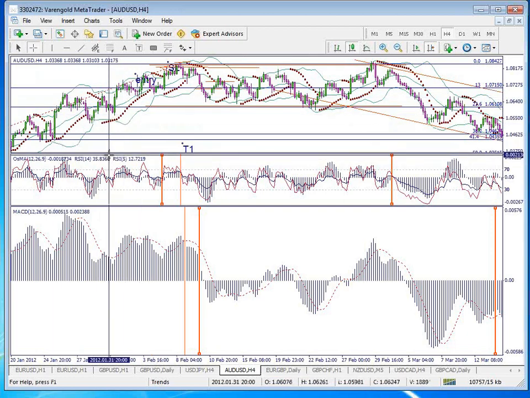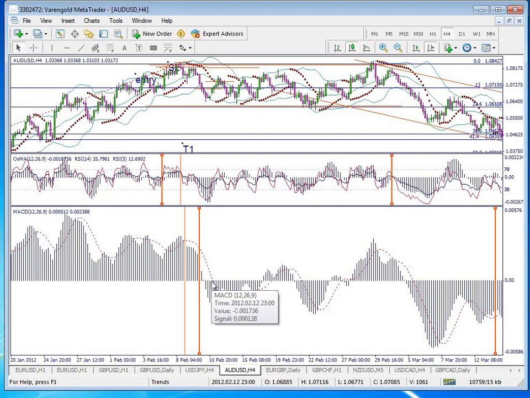Here it was one other signal. The red line of MACD went out from the histogram, and on the chart I have 58 pips. Also can be a good trade. Here again, when the red line is going out from the histogram, it is one signal for sell.